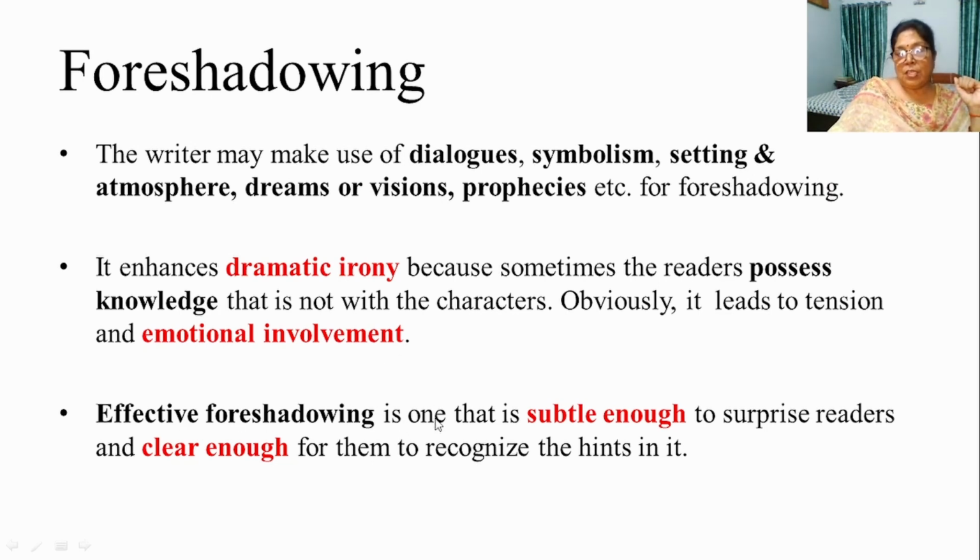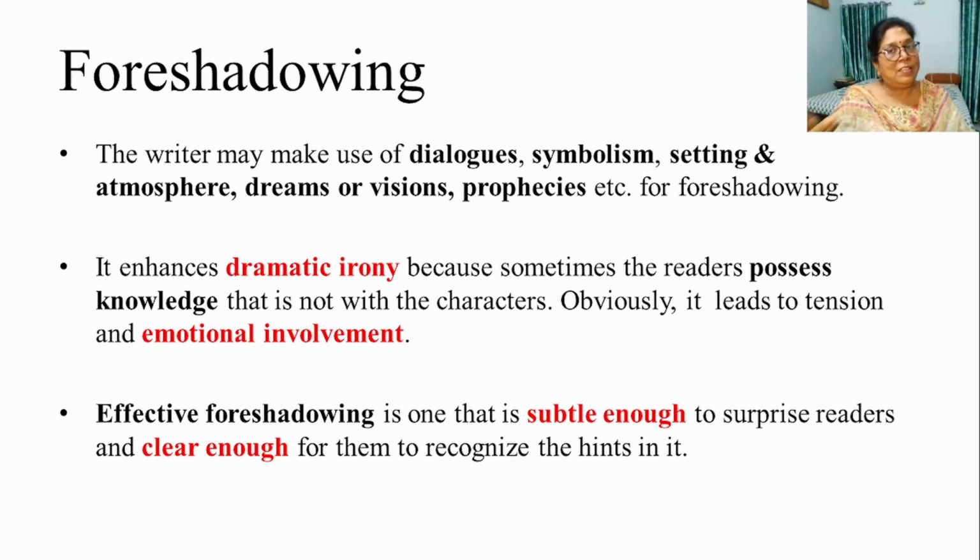Effective foreshadowing is one that is subtle enough to surprise the reader and clear enough for them to recognize the hints in it. Now, how could foreshadowing be used? This is a question. If you are going to read a story, you would have to find out, because foreshadowing is always subtle.